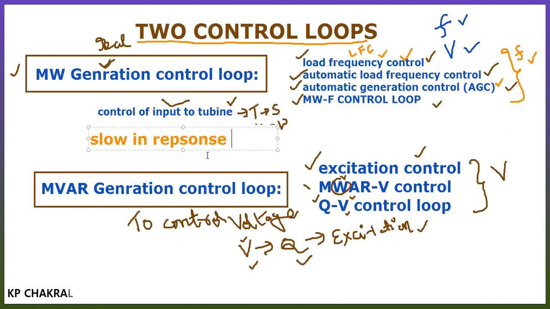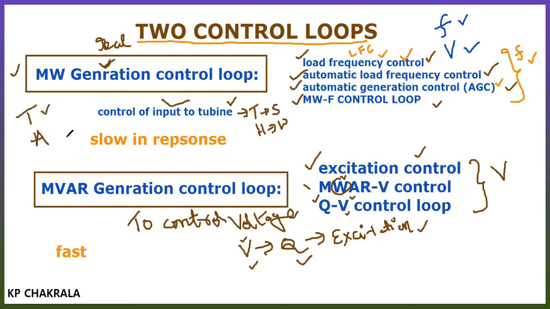The megawatt generation control loop is slow in response, whereas the MVAR generation control loop is fast. In the megawatt generation control loop, we have rotating devices such as the turbine and the alternator.